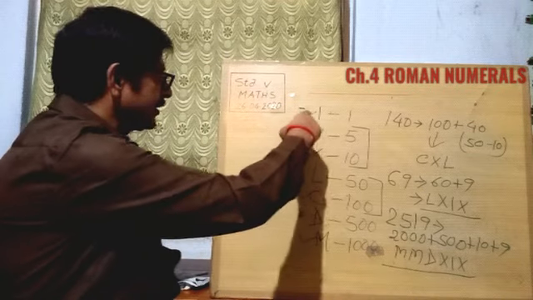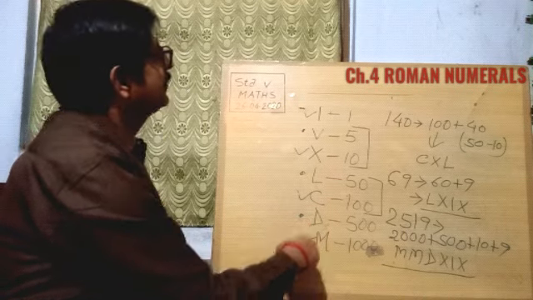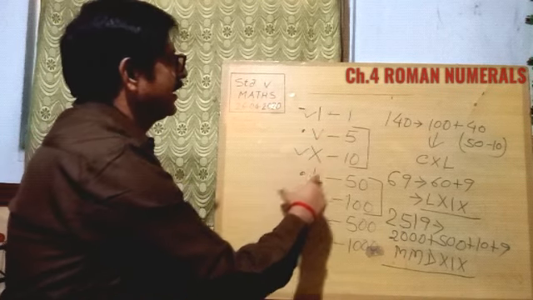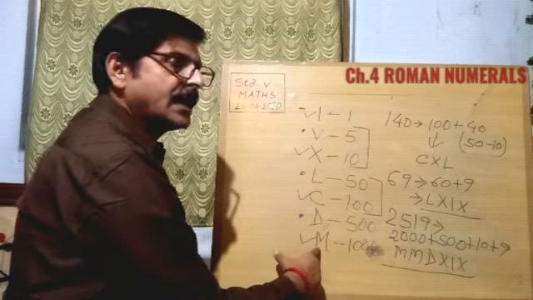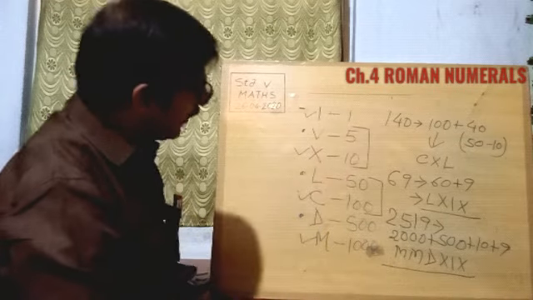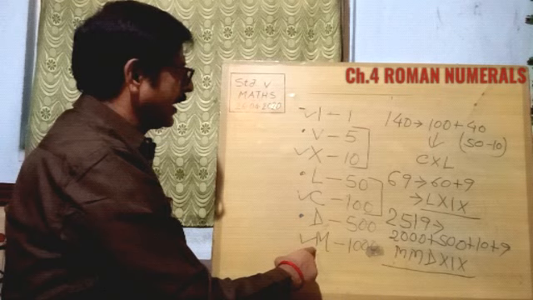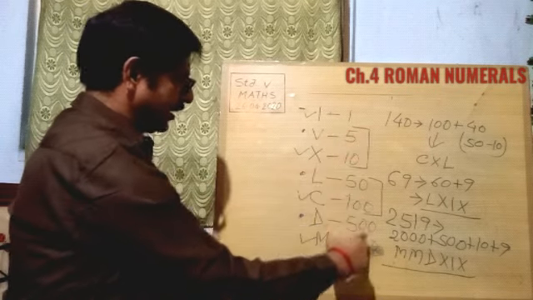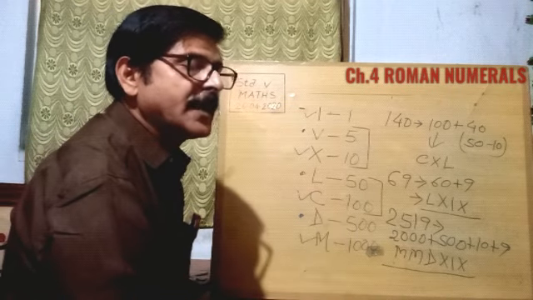These 7 symbols, I, V, X, L, C, D, and M. I stands for 1, V for 5, X for 10, L for 50, C for 100, D for 500, and M for 1000. Now out of these 7, I, X, C, and M, that is 1, 10, 100, and 1000, can be repeated to a maximum of 3 times.